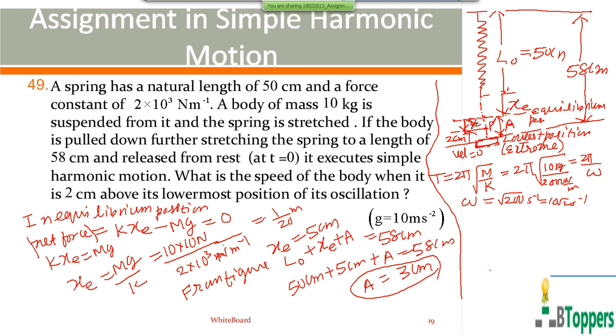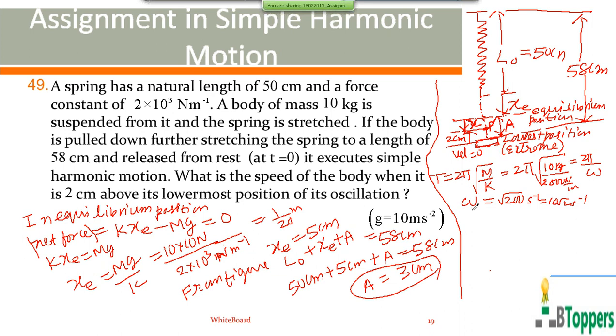Let us denote it by x. x is the distance of the body from the mean position or equilibrium position at the point P. So P denotes the position of the body at the instant when it is at a distance of 2 centimeters above the lowermost position. That means x is the distance of the body from equilibrium position or mean position at the instant when it is 2 centimeters above the lowermost position.